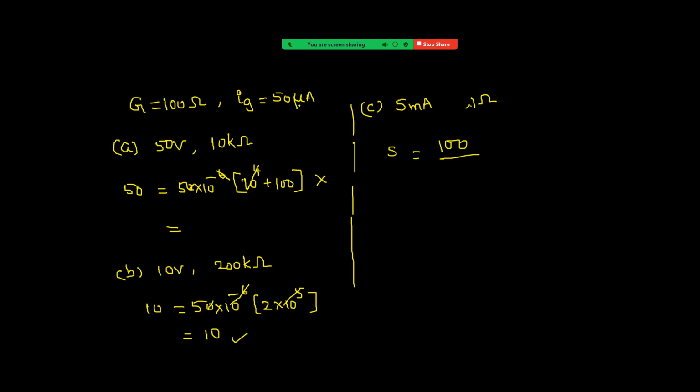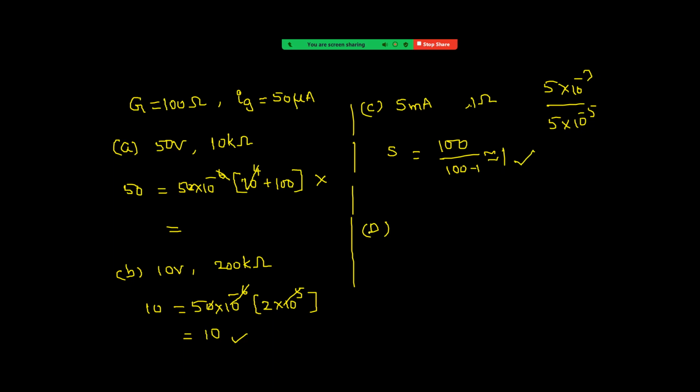This is 50 micro and this is now 5 milli, right? That means 5 into 10 power minus 3 over 50 micro, 5 into 10 power minus 5. This becomes 100. So 100 minus 1, approximately 1, right? So option C is correct.